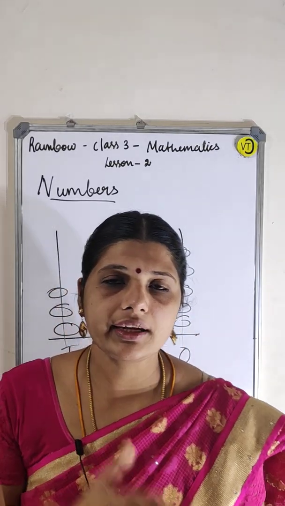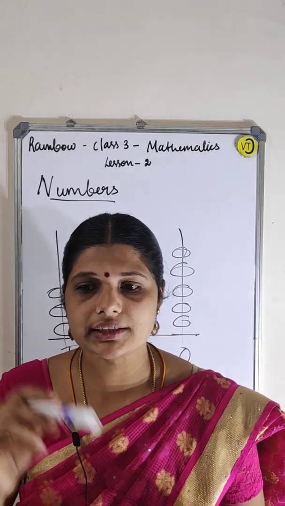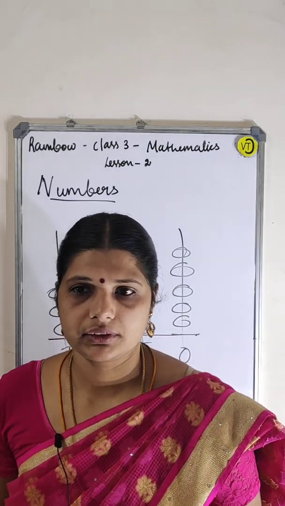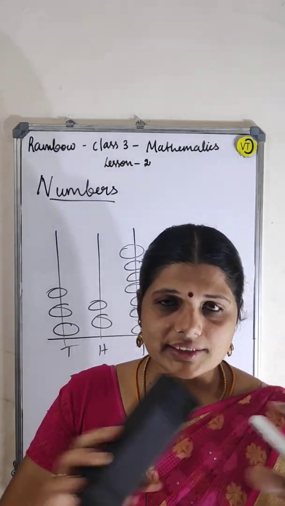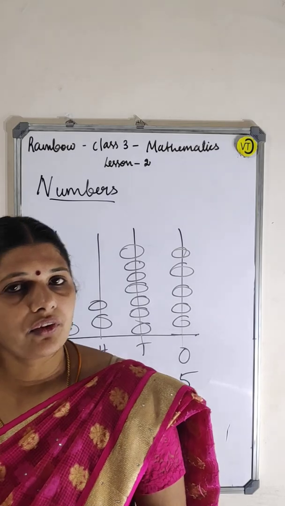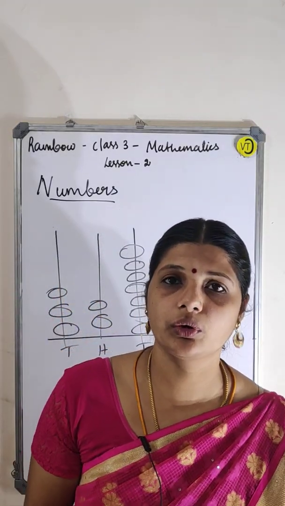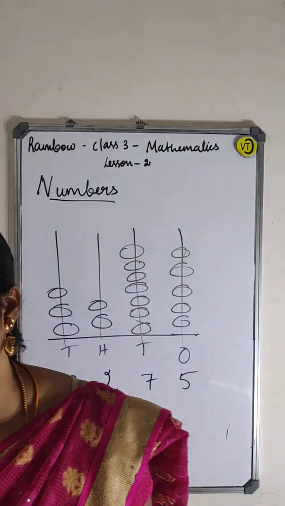So one more, 8909. So how do you do it? So this way, if they give the words, you can write in the standard form, right? In the standard form if they give, you have to know how to write in the words. In words also you have to write.